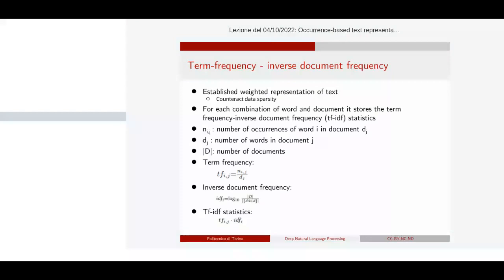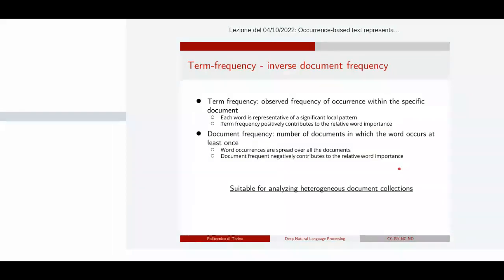I mentioned the document frequency because it is comparable to the term frequency. Whereas in the formula of the TF-IDF score, the authors have proposed to use the inverse document frequency, because our goal here is to try to penalize those words that occur very frequently in almost all documents in your collection.